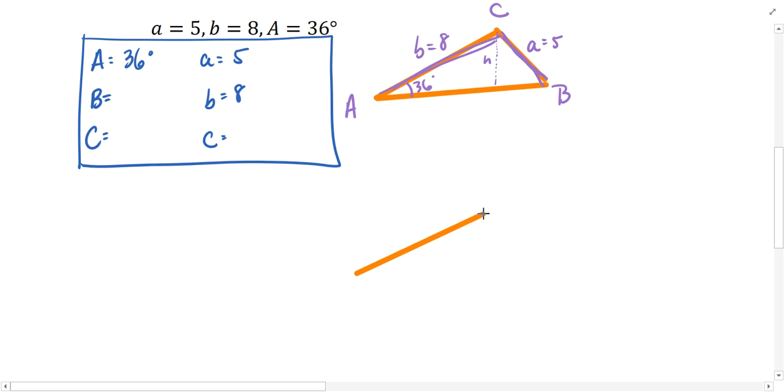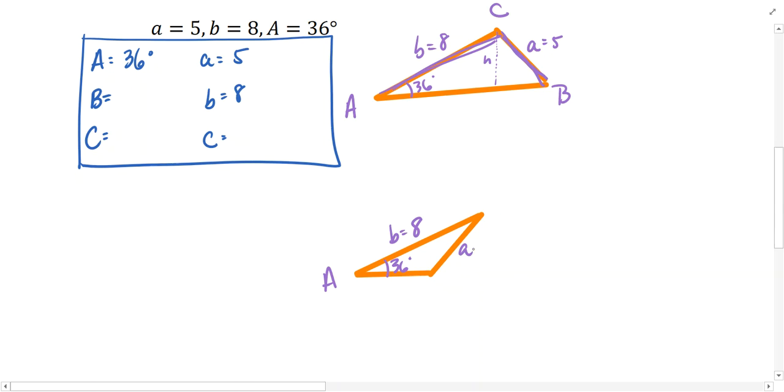What if I label side length B this direction, side length A in this direction, then side length C in this direction? We still have a 36-degree angle in the bottom left-hand corner. We still have a side length of B equals 8 across this diagonal.